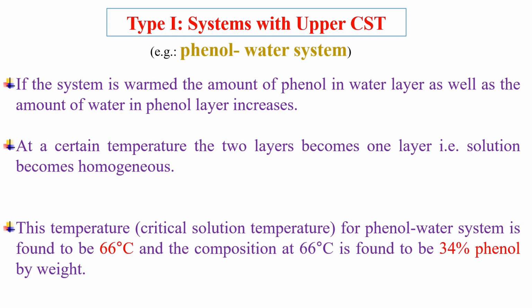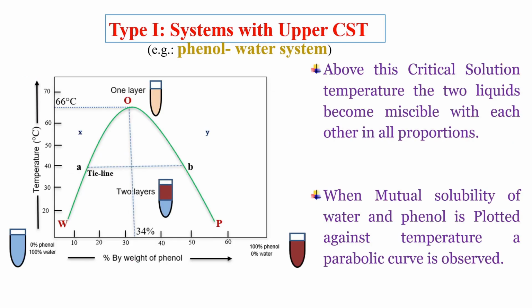And the composition at 66 degrees centigrade is found to be 34% of phenol by weight. If you observe the graph of phenol water system that shows upper CST, above this critical solution temperature, the two liquids become miscible with each other in all proportions and the solution exists in one layer.